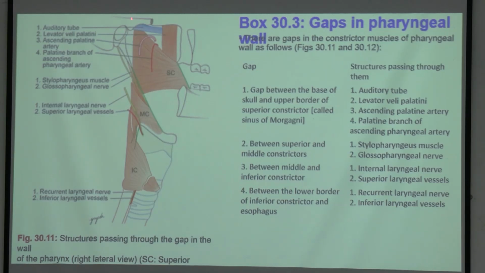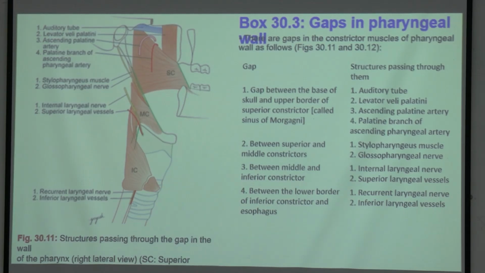So within the sinus of Morgagni we can find the auditory tube, eustachian tube or pharyngotympanic tube.